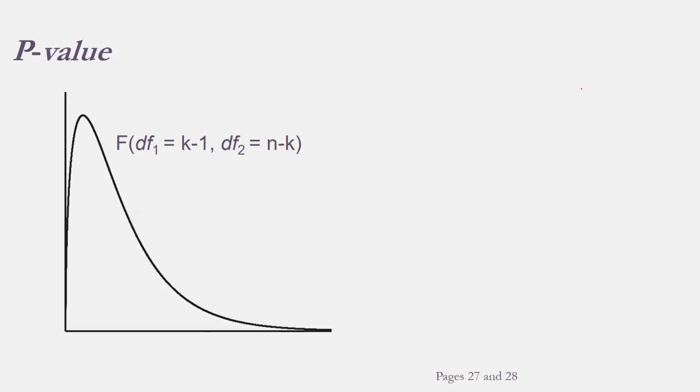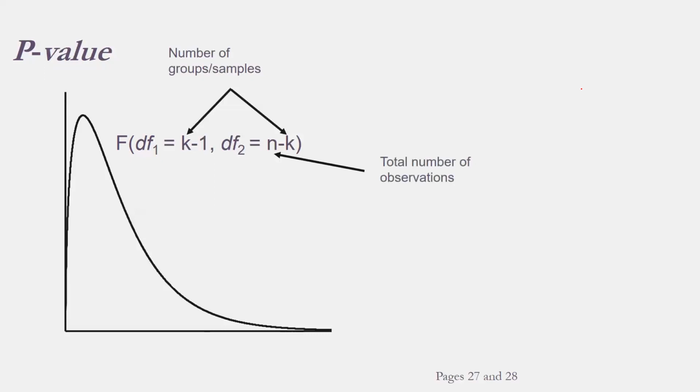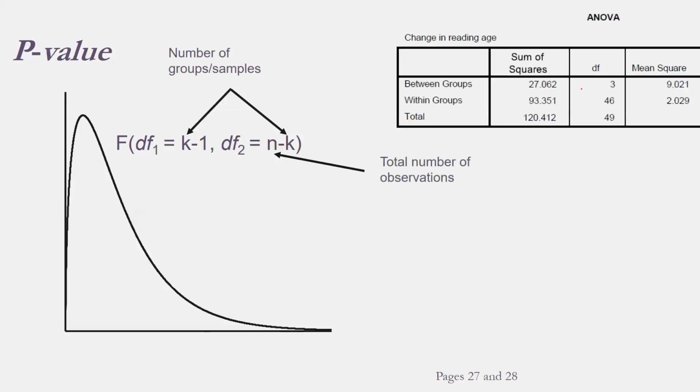Now the F distribution has two degrees of freedom. The first one comes from the number of groups, and the second one comes from the total sample size. That's all the groups together. So for the example we had of the reading ages, we had 4 groups. So 4 minus 1 is 3.